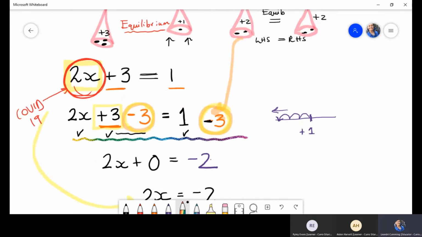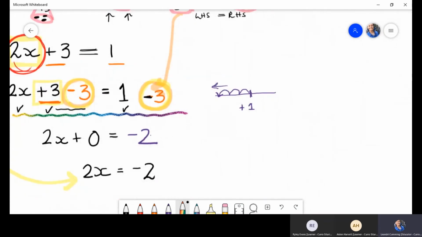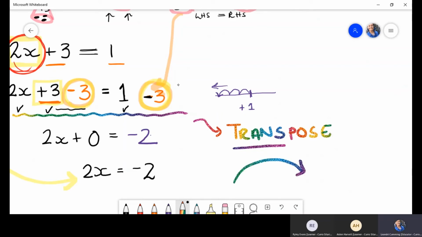This is called transposing. So like the Transvaal River, to transpose, the Buddha trekked across the river, the Vaal River. They went across the river.